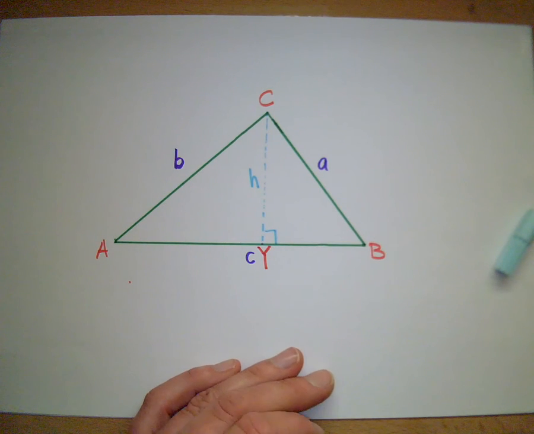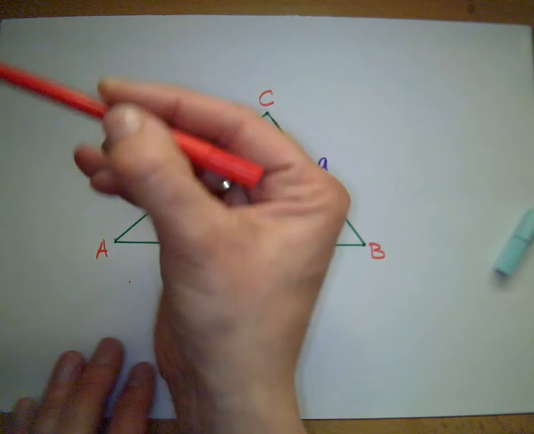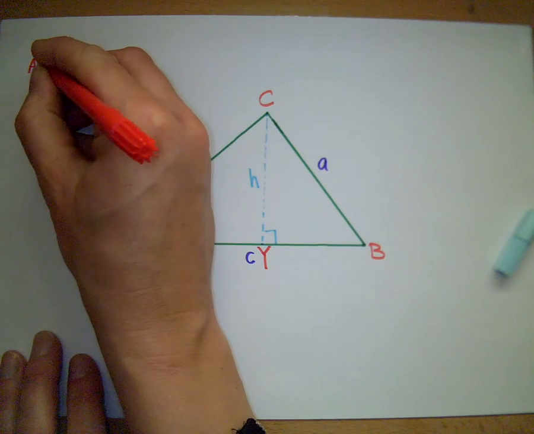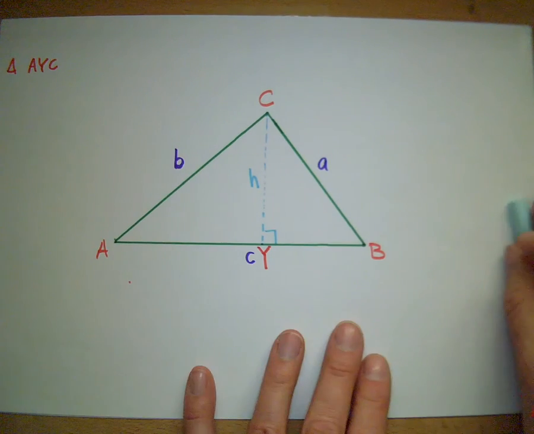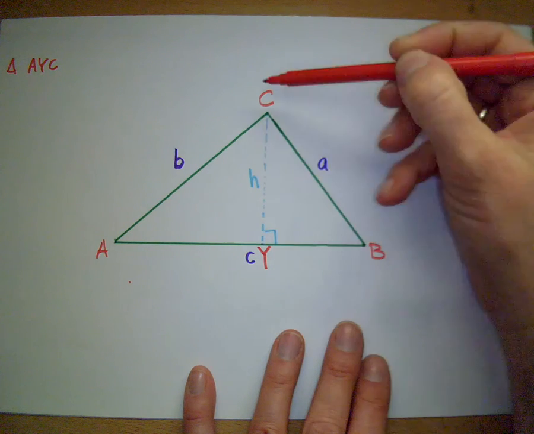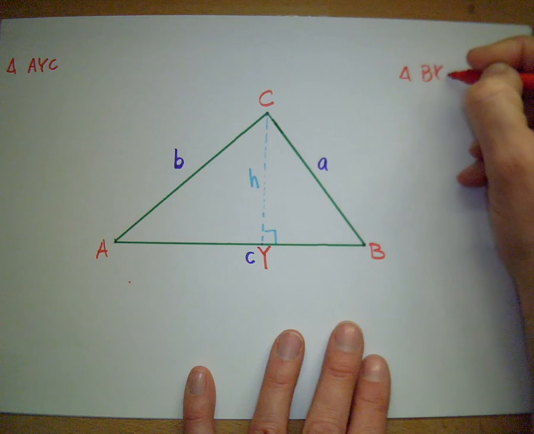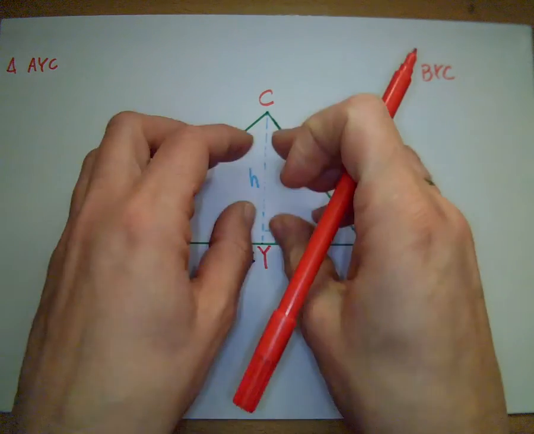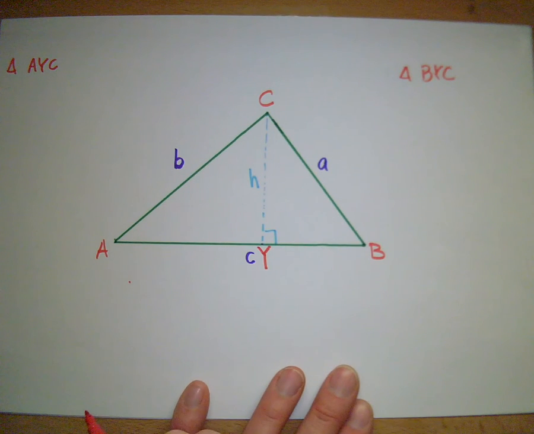We now have two triangles, really. We have AYC, it's a triangle. And we have triangle BYC. Together, these two triangles make up triangle ABC.